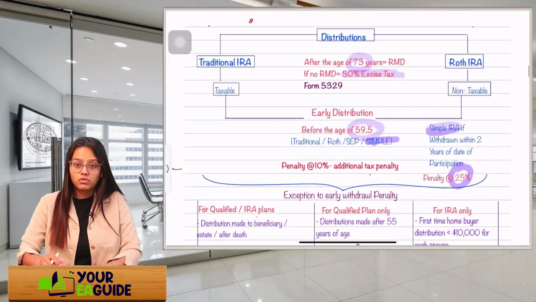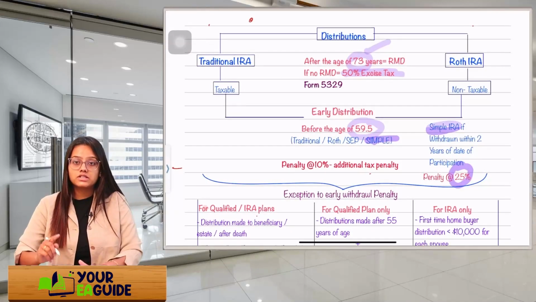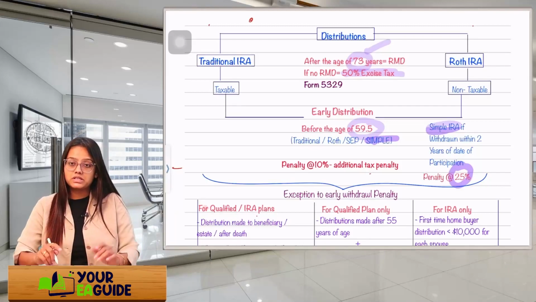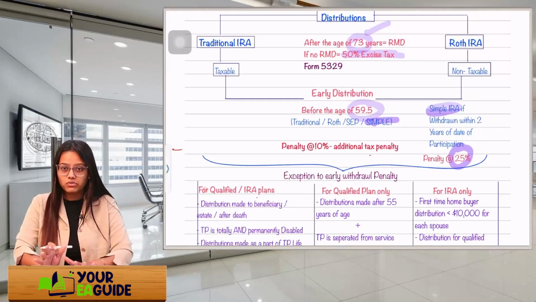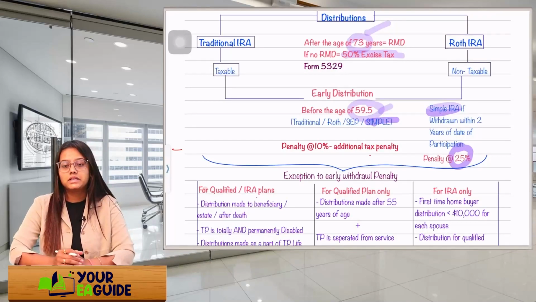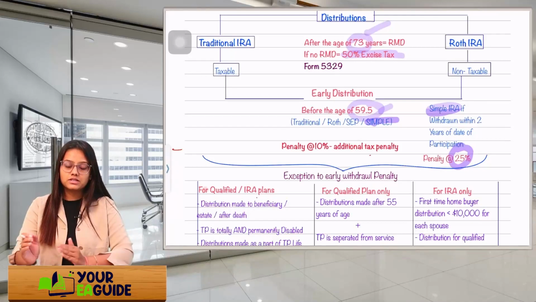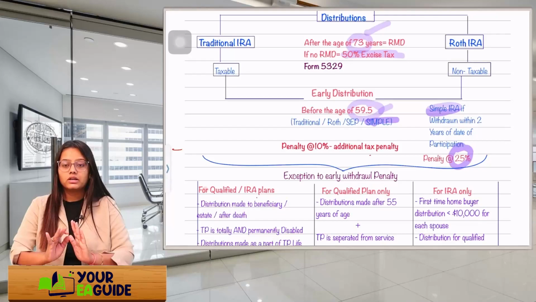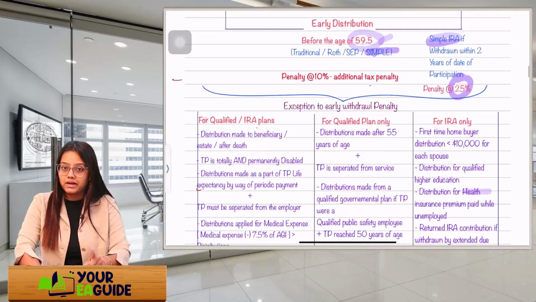In distributions, what are the age limits? Here 73 years is the required minimum distribution age limit, so please remember this. Now let's see: usually the 10% applies if you withdraw before 59.5. But the IRS is liberal under certain circumstances: if you are withdrawing for these reasons, we will not charge you the penalty. Please remember, what we are studying is the penalty exception.